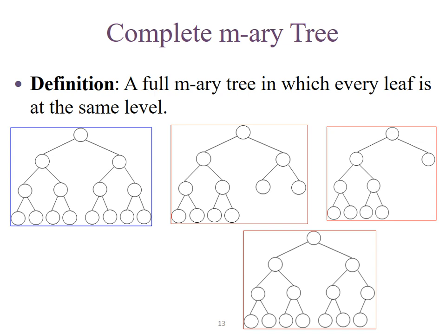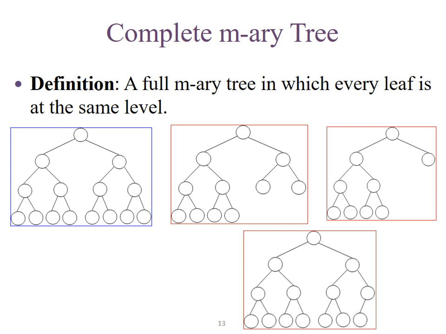Okay, next, let's see some counterexamples. For this one, you can see it is a full binary tree, but we have leaves at different levels. These 4 leaves are at level 3, and these 2 at level 2. So it is not a complete binary tree.